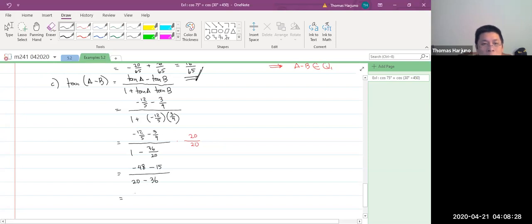We get negative 63 over negative 16, that's positive 63 over 16.